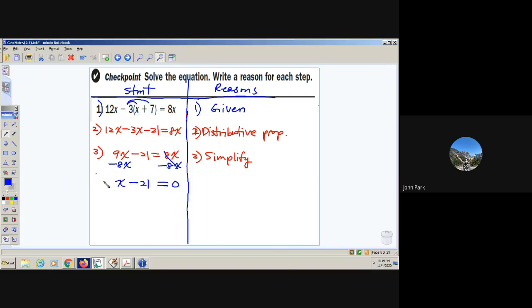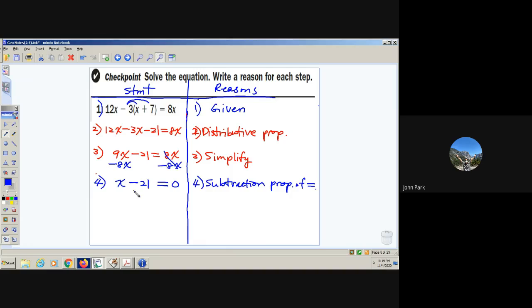Cancels out, you get a 0. So make sure you put the 0 there. So that's step 4. And we were able to get to step 4 by subtracting 8x on both sides of the equation. So that's the subtraction property of equality, right? Because we did that on both sides.